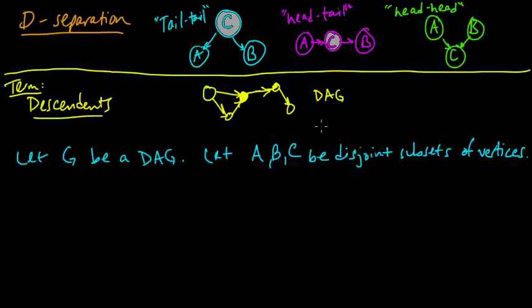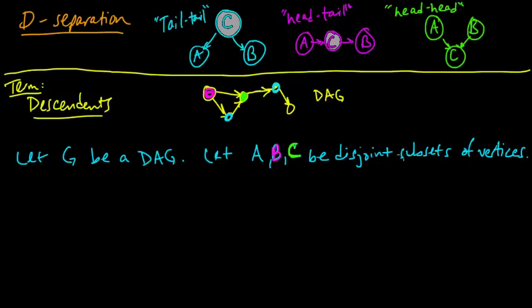So for example, just to give you an example, in this little graph A could be, say, those two. So that could be A. And then B might be like this guy. And C might be, if we draw C in green, this guy. And this one might not be represented at all in A, B, and C. So they're just disjoint subsets, but they're not necessarily the whole graph.